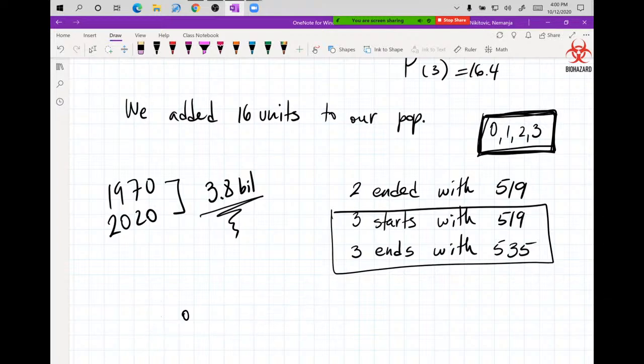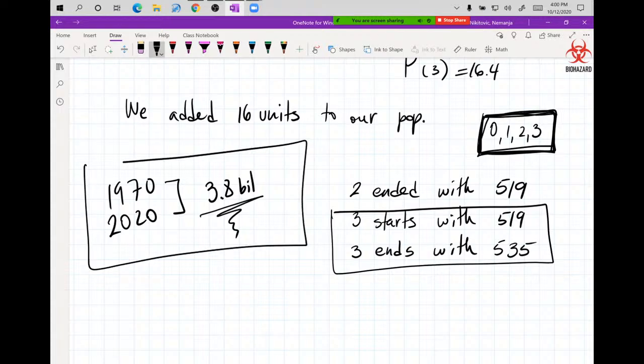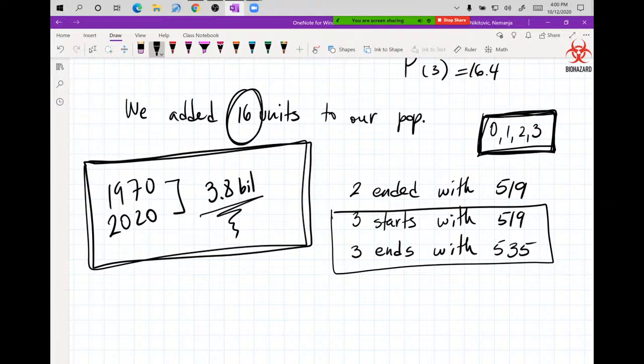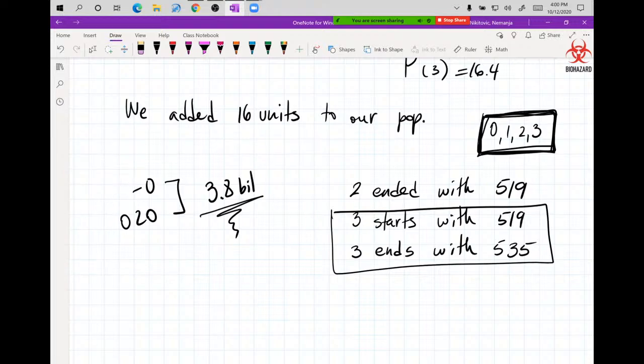But again, you have to do these calculations in terms of the amount of people the population brought up. So instantaneous calculation will tell you the amount of people added, right? So that was the 16 units. Now, obviously, that's going to be much larger for United States, which is the third largest country in the world in population, right?